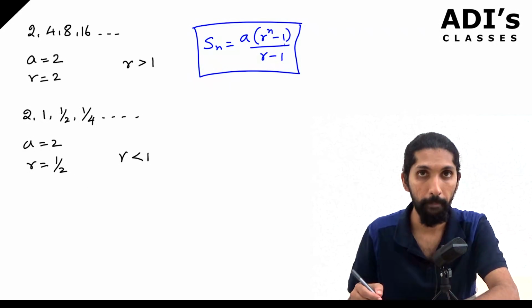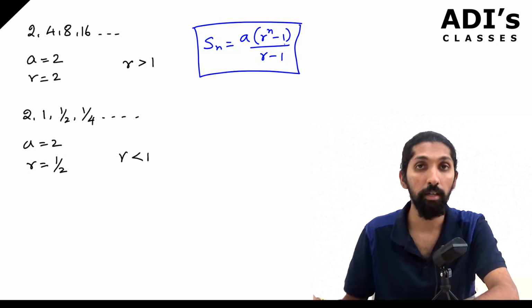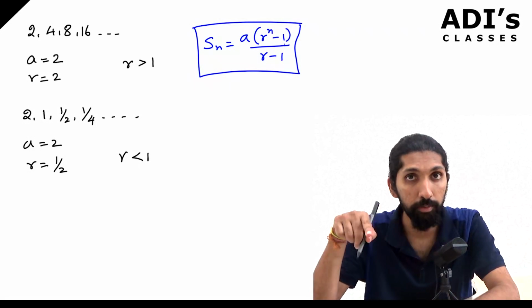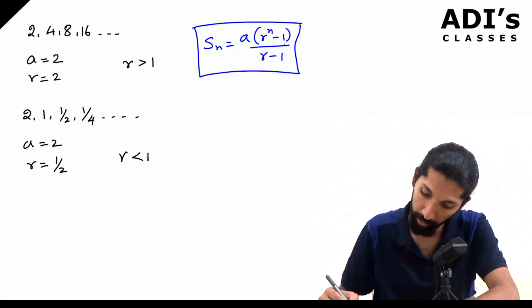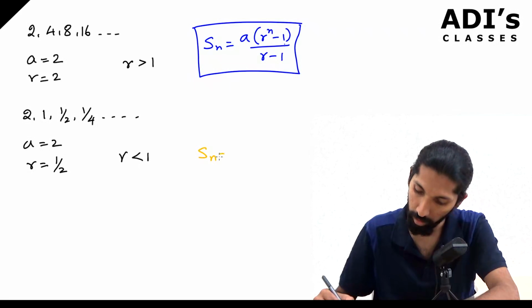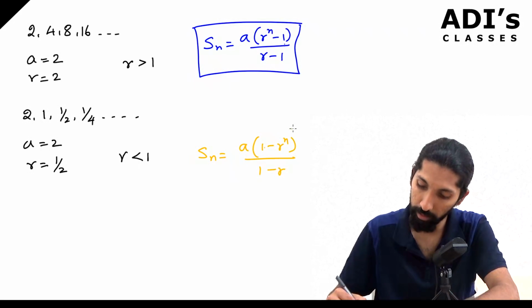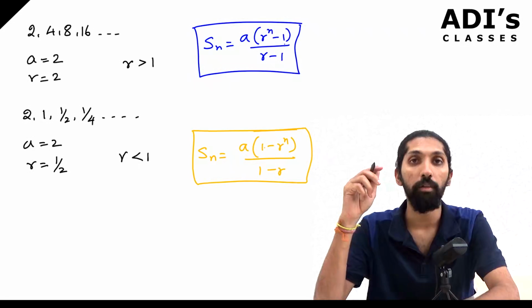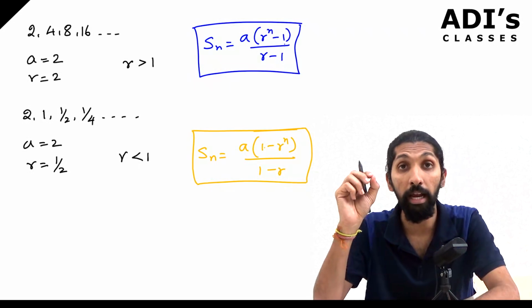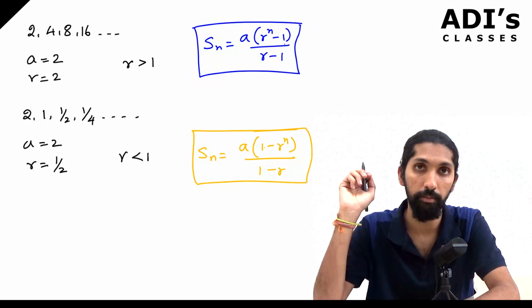Since r is less than 1, the sum to n terms of a GP will be Sn equals a into 1 minus r power n by 1 minus r.